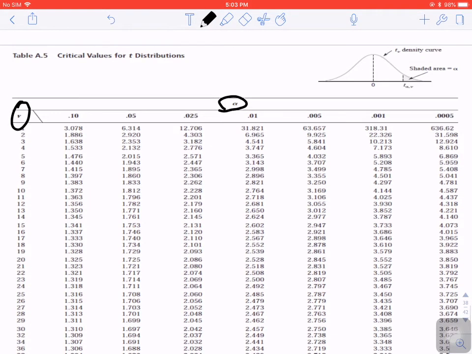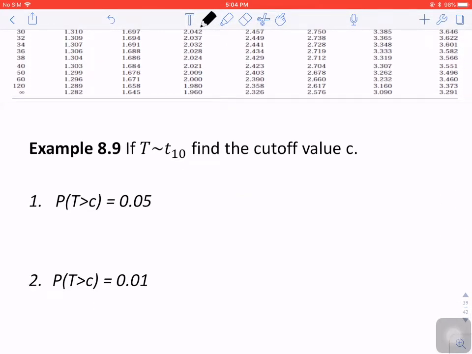So this is the curve, the PDF of a t distribution, which is symmetric with respect to 0. And this is the shaded area. This part is the value of alpha. The corresponding cutoff value, we use t alpha v to denote this one, is the c that we want. So in this case, this is my alpha, this is my v, and this is my cutoff value.